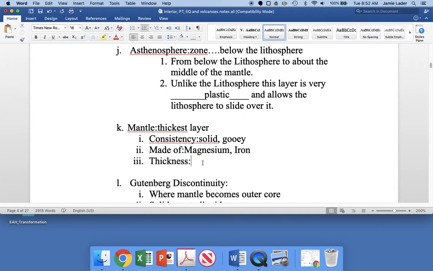The thickness is very thick. It's 2,800 kilometers thick. So we're talking somewhere in the neighborhood of, off the top of my head, almost 2,000 miles. Okay, 1,800 miles. It is really, really thick. I'm going to try to upload a video for you guys to watch as well. But it's a thick layer. It's Earth's thickest layer.